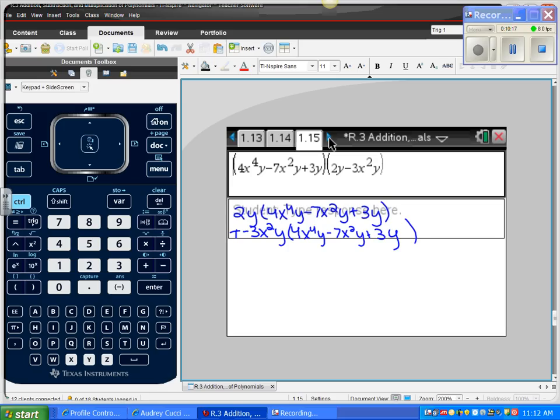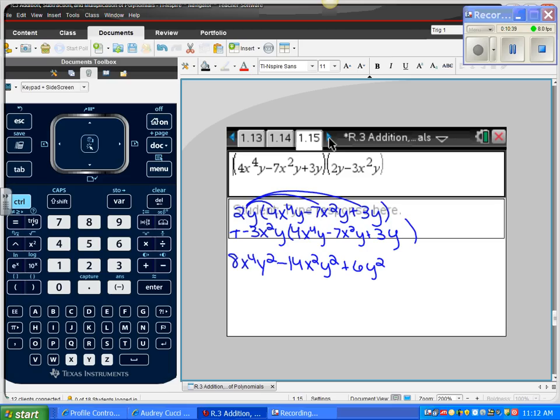So you're just distributing both pieces. Let's start with the 2y. 2y times 4x to the fourth y gives you 8x to the fourth y squared. So there's my first term. Negative 14x squared y squared. 6y squared. So there's your first one.